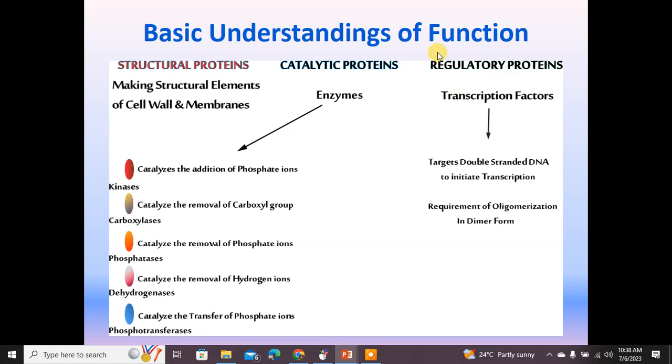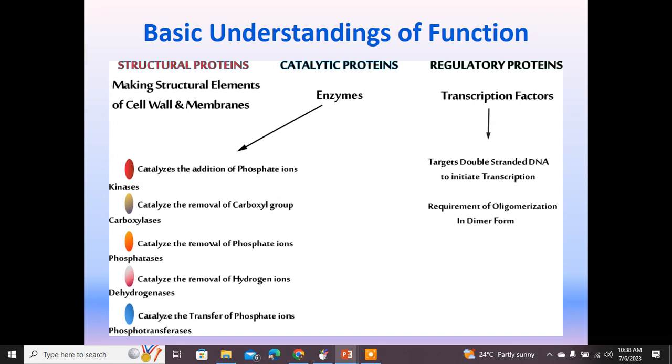The third category also involves enzymes, but I have moved it into a separate category and called it regulatory proteins. The regulatory proteins are basically transcription factors, and remember, the transcription factor targets the double-stranded DNA to initiate or control, or I would say regulate, the transcription process.